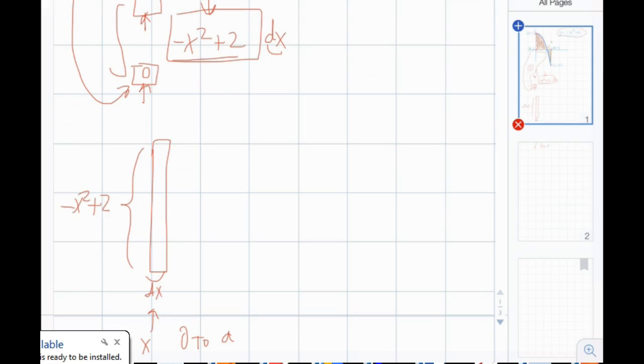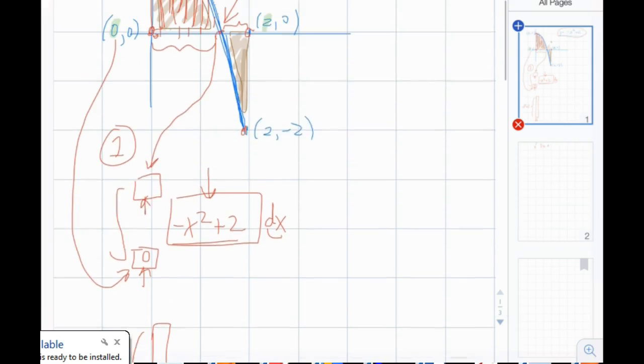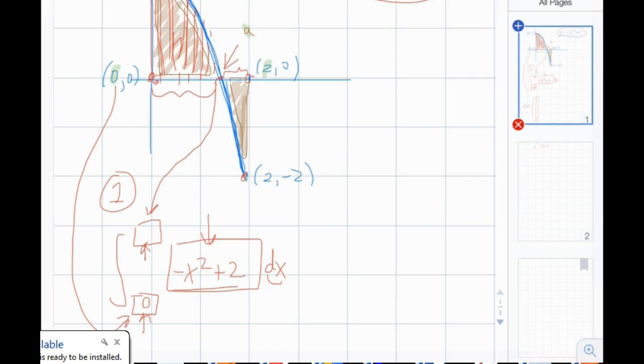Why are we dividing these into two regions? Because if we calculate the area of this first region, it's going to be a positive number. And if we calculate the area of this second region, it is going to be a negative number because it's below the x-axis.